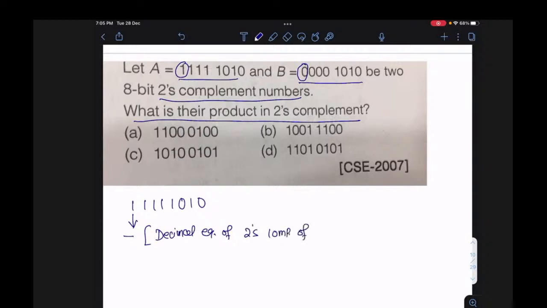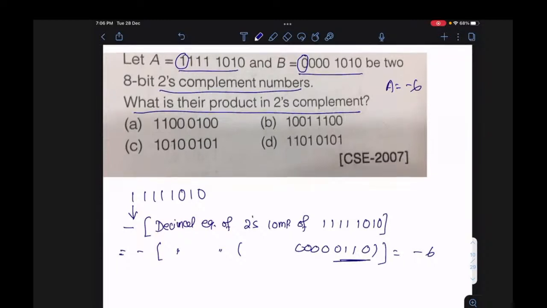Flipping all the bits and adding 1 gives 6, and we have a negative sign. So A is equal to minus 6.